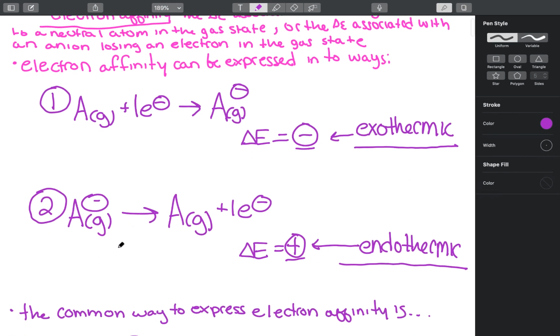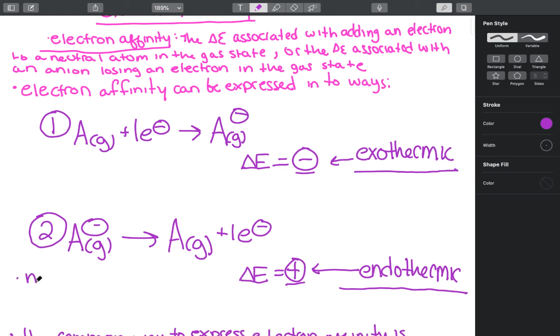Now note that the magnitude of delta E is the same for both processes. However, the only thing that differs is the sign of energy.